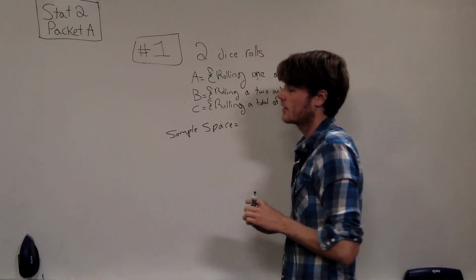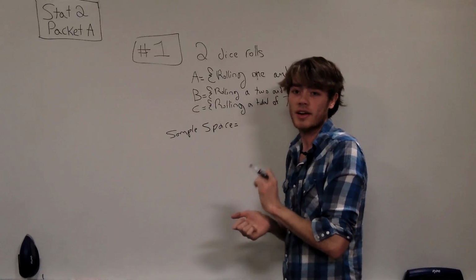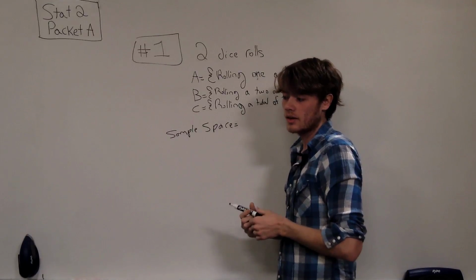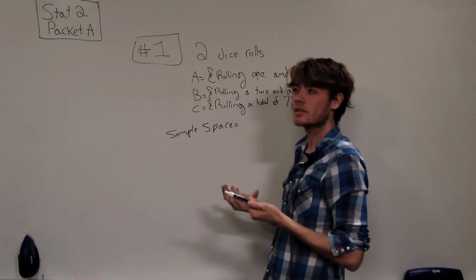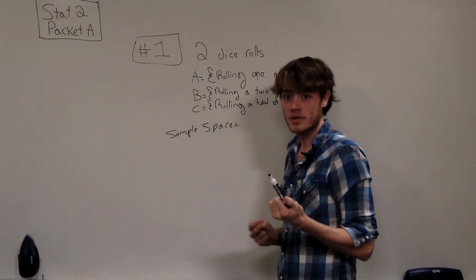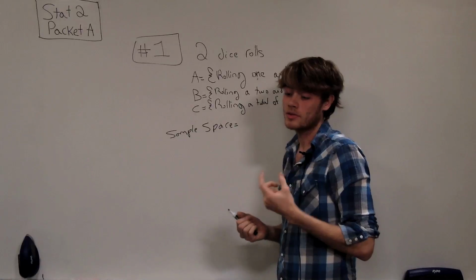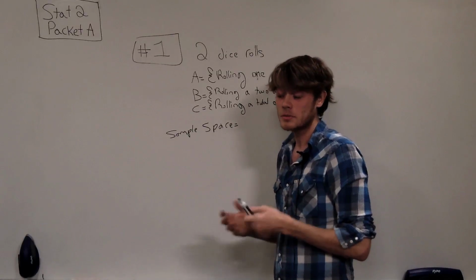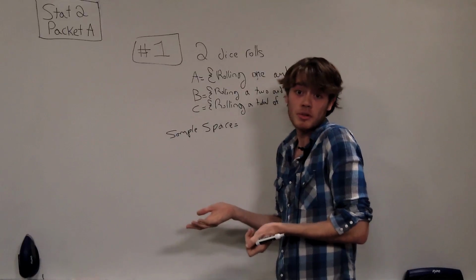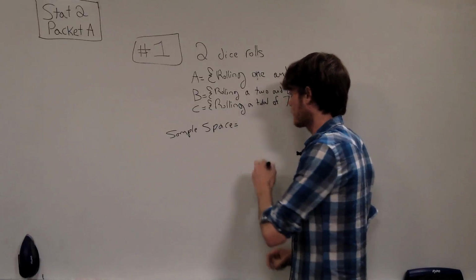But in most probability problems, order matters. If your life depended upon getting a 1 first and then a 2 second, and you got a 2 first and a 1 second, it would matter which number came up first. So in that manner, I'll write out the sample space.